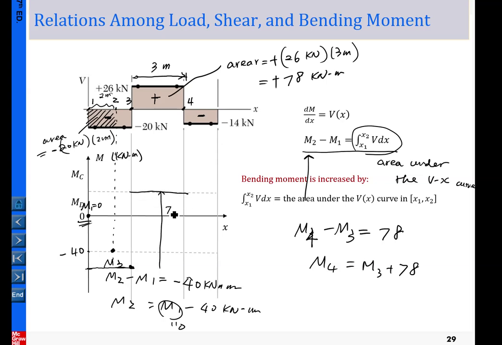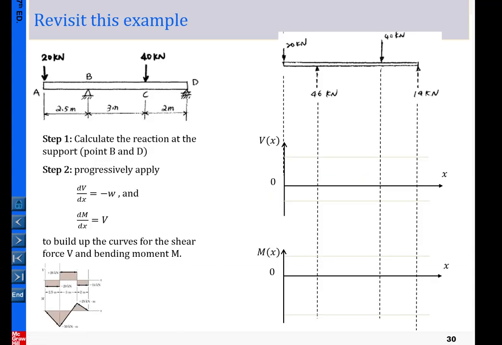This is the value of M4. By illustrating this kind of equation, we can apply dV/dx equal to minus w, and dM/dx equal to V. So let me do this one, dV/dx equal to minus w.